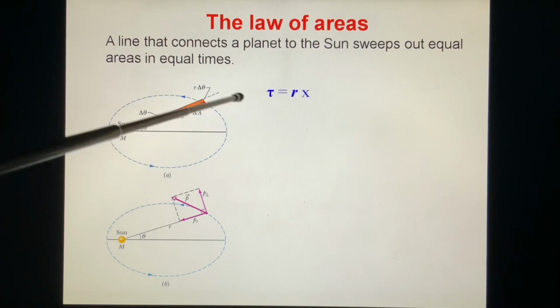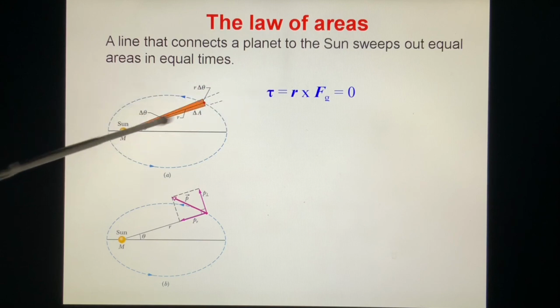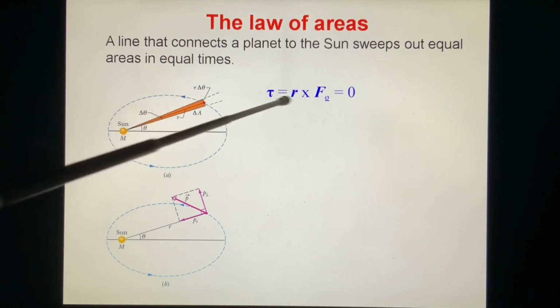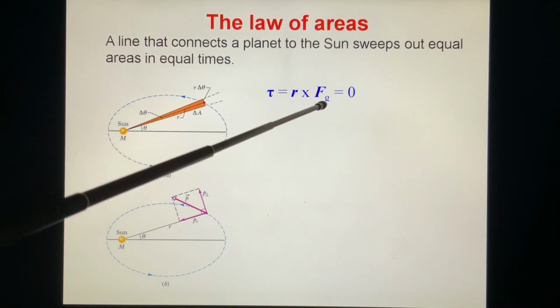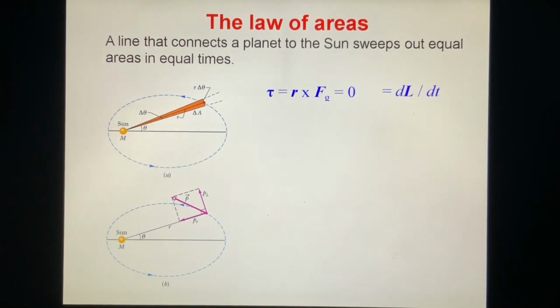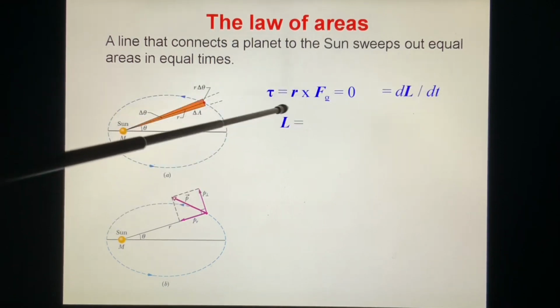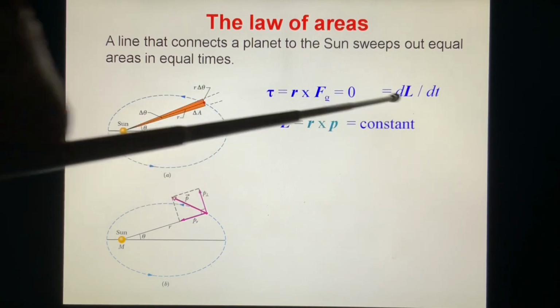In this case, the gravitational force from the sun on the planet gives torque tau equal to r cross F. This F is along r, so the cross product is 0. So the angular momentum, r cross p, is constant, from Newton's second law for angular motion. L is defined by r cross p, and its magnitude is a constant.